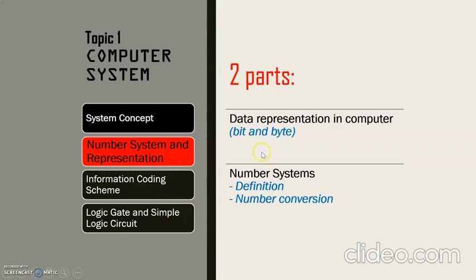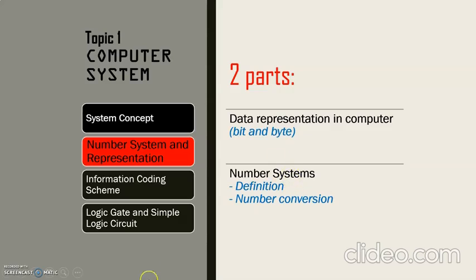Last week, in the second lecture, I explained to you data representation in computer. This one, right? About bit and byte. Okay, so now we are going to look at the second part in number system and representation, which I'm going to separate into two.